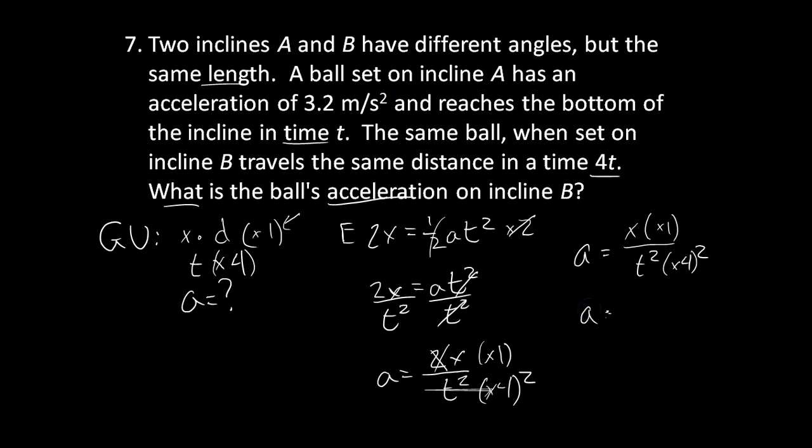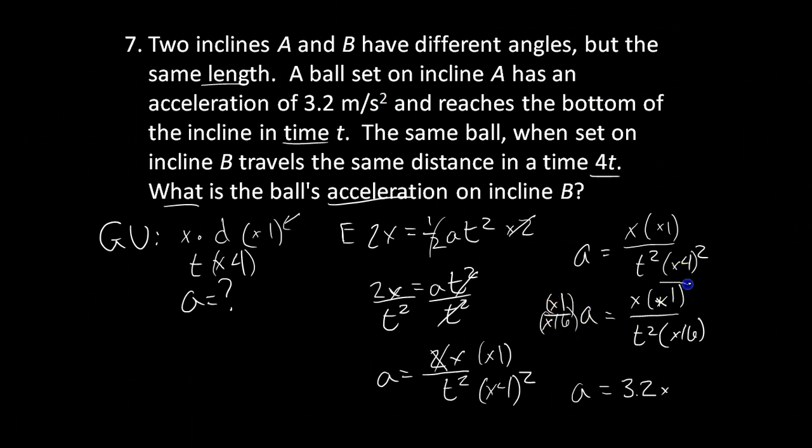So really, it's like taking and multiplying a by a factor of 1, so multiplying this over t squared, which is a factor of 16. So we've got to look at 1 over 16. So it's really like taking our acceleration and multiplying it by a factor of 1 over 16. The original acceleration was 3.2, and we've got to multiply that by a factor of 1 over 16.